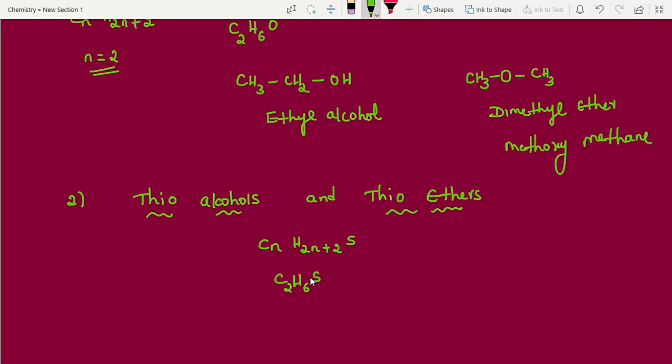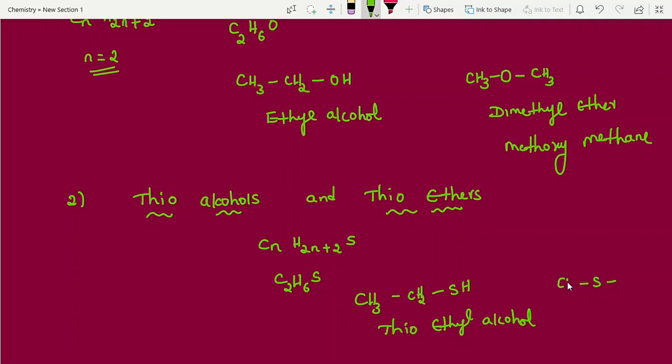C2H6O, now C2H6S. Can you try? CH3CH2SH, instead of oxygen, SH. We call it thioethanol, a thio alcohol. The common name is thioethyl alcohol. With the ether we have to write thio ethers, which is nothing but sulfur instead of oxygen.